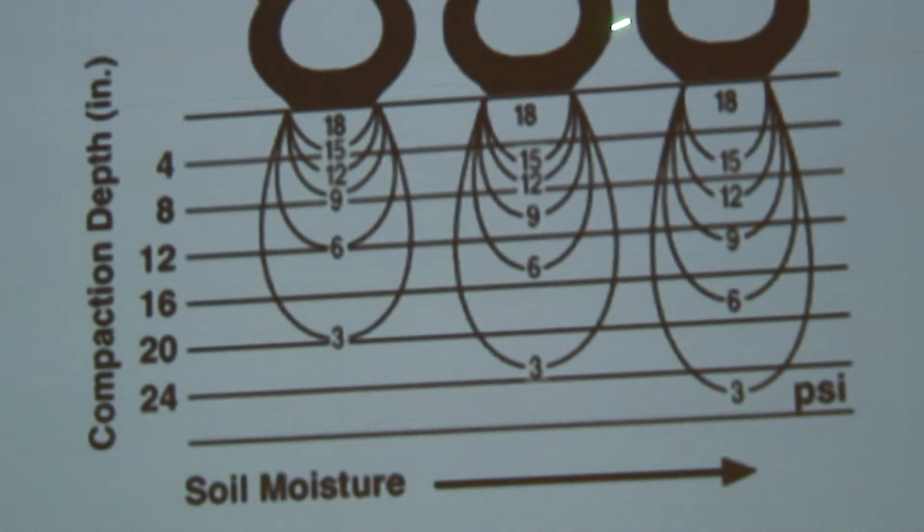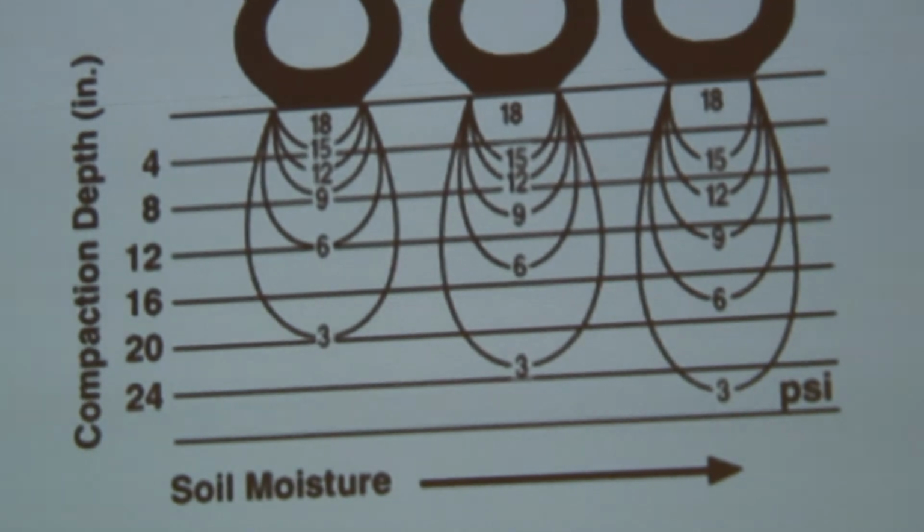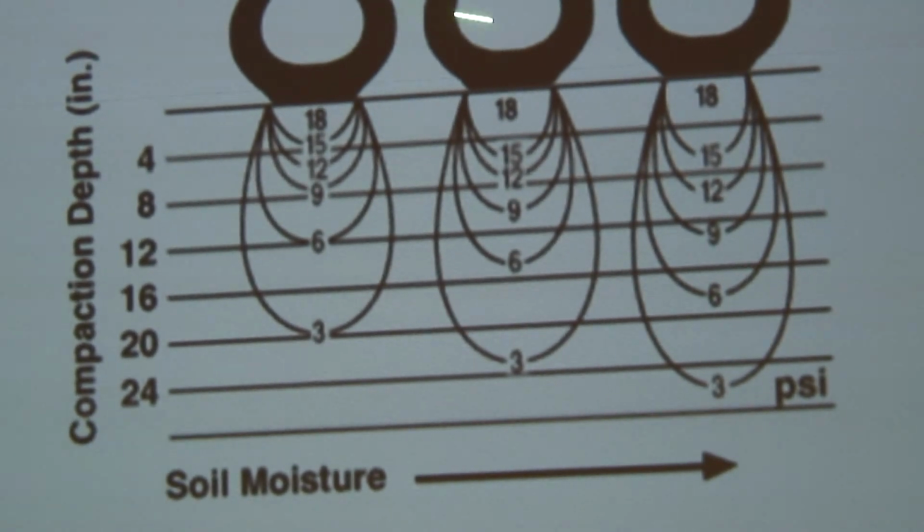And if you have the same machinery load going to the field, but the soil moisture increases, you can also increase the depth of the soil being compacted. So both factors, the machinery load and the soil moisture, closely relate to the depth of the soil being compacted. And what's the impact of this soil compaction?